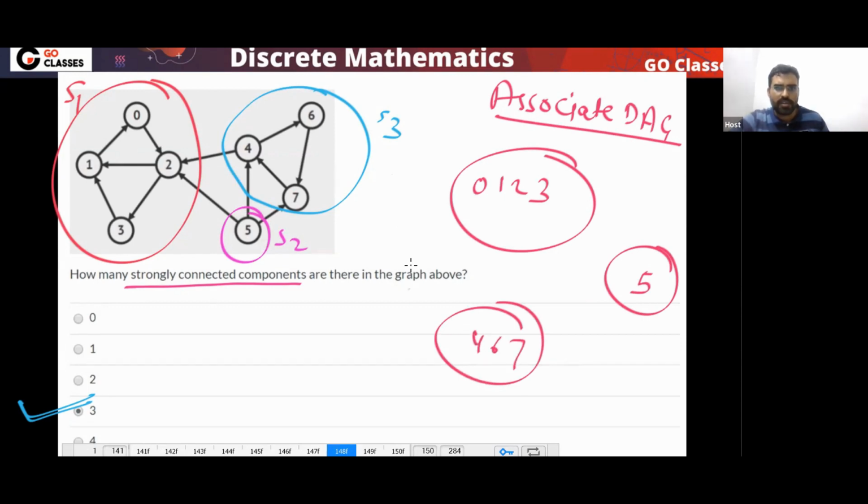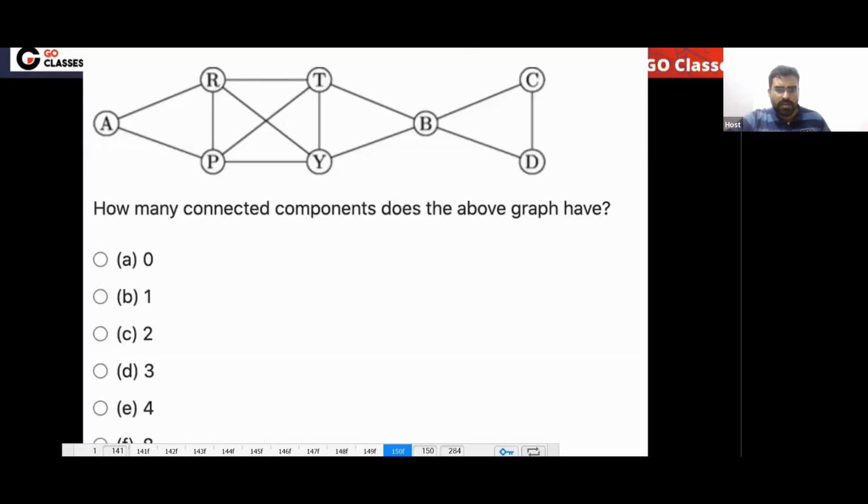So finally, from 4, 6, 7 to this you will have an edge. From 5 to this also you will have, and from 5 to this also you will have. This is your DAG. You can check. So the answer will be 3.